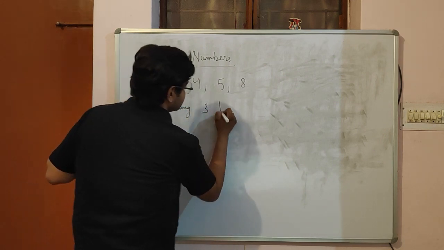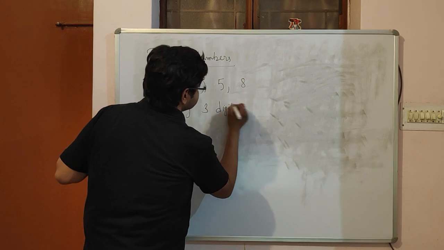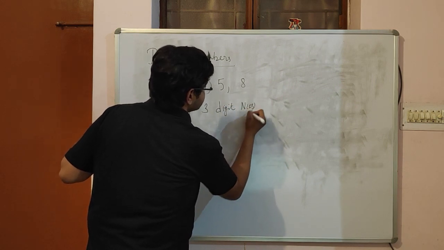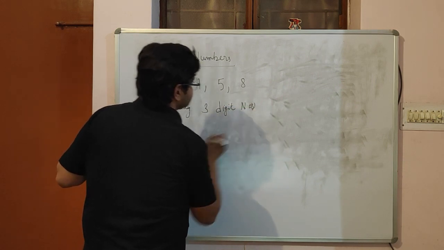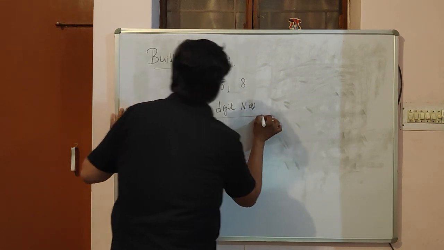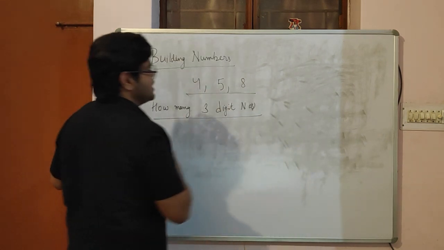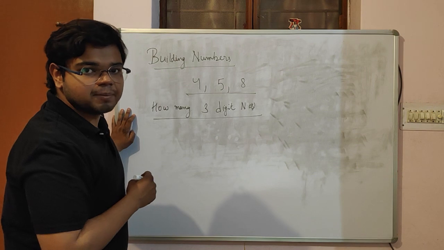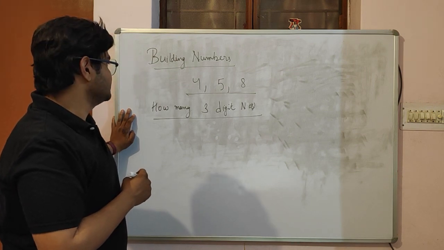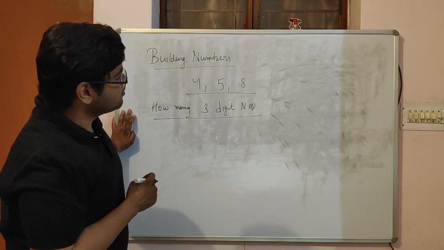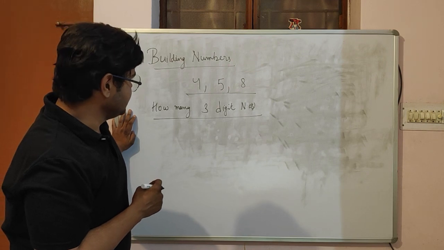The question is, how many 3-digit numbers can we make from 458 without repeating the digits?